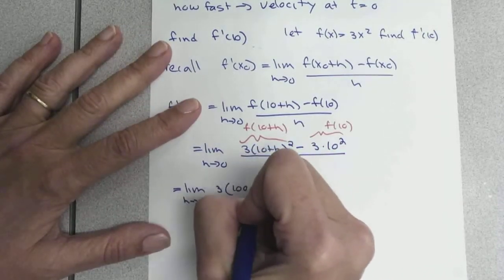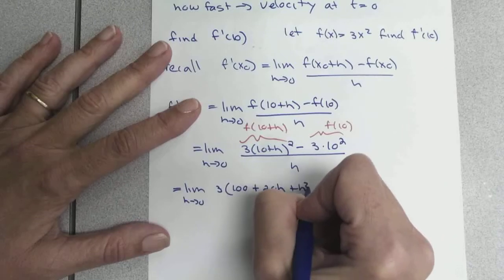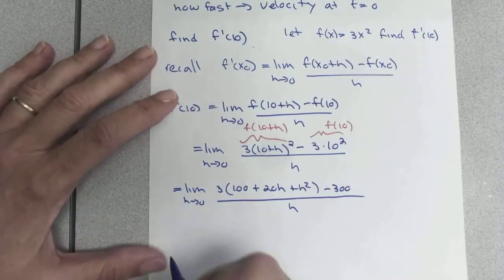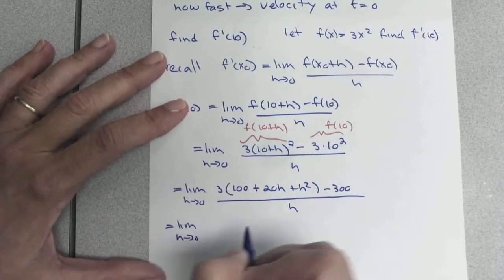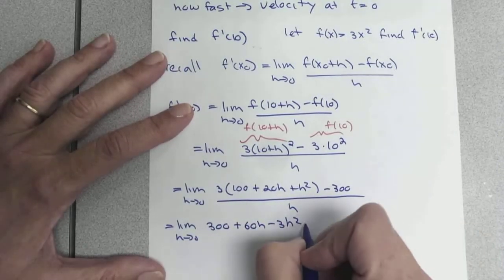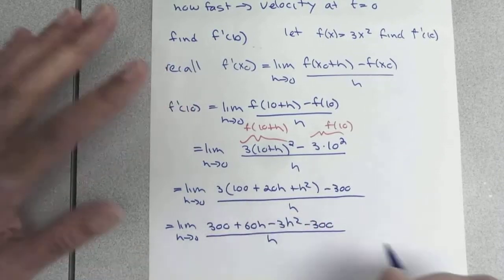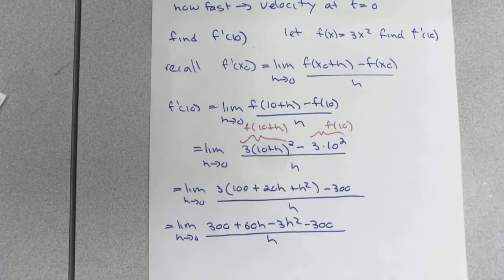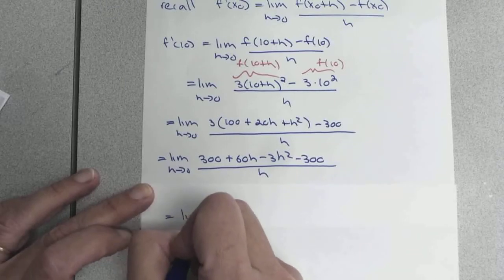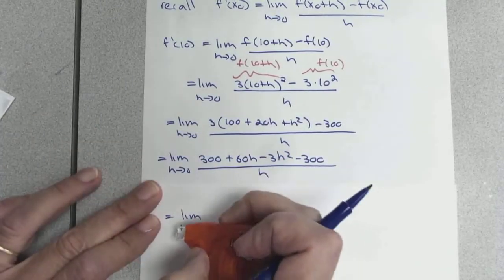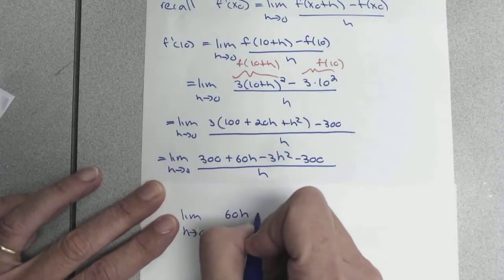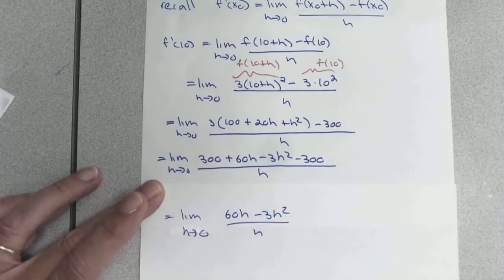So let's just start simplifying. Foiling that out, that's going to be 100 plus 20h plus h squared minus 300 all over h, which is the limit as h goes to 0 of 300 plus 60h plus 3h squared minus 300 all over h, which is the limit as h goes to 0 of 60h plus 3h squared all over h.